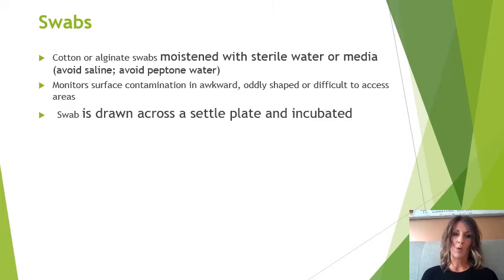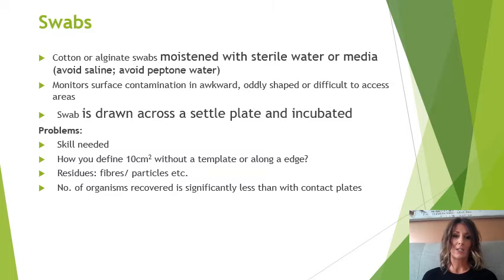The issue with swabs is the transfer of organisms onto the swab and then onto the plate; there's no real data to show that that's effective. You need to have skill to do that, so you need to know how to sufficiently twist the swab tip to make sure that the entire surface is coming into contact with your agar.